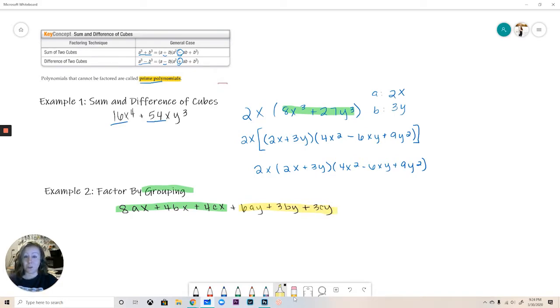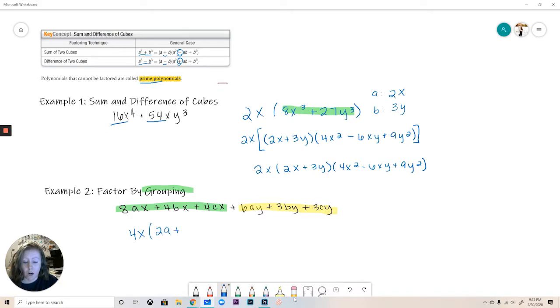So I'm going to separate or group them, and I'm going to focus on the common factors in the first half of this expression. What's common between 8 and 4 is going to be that 4. So I'm going to take out a 4 from everything. I can also take out an x from all of these terms. So I'm left with 8ax divided by 4x is going to be 2a.